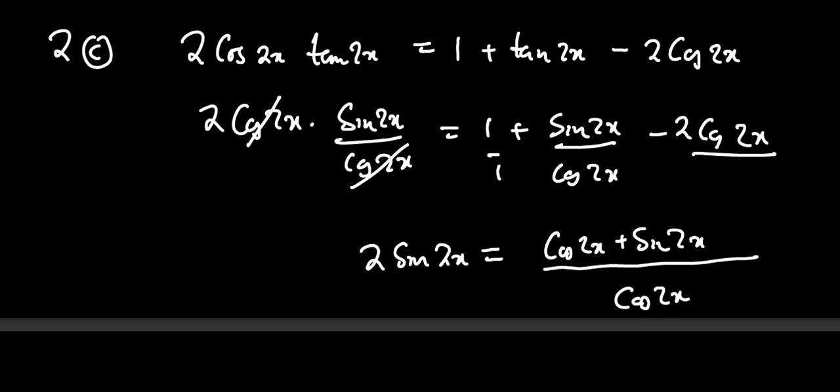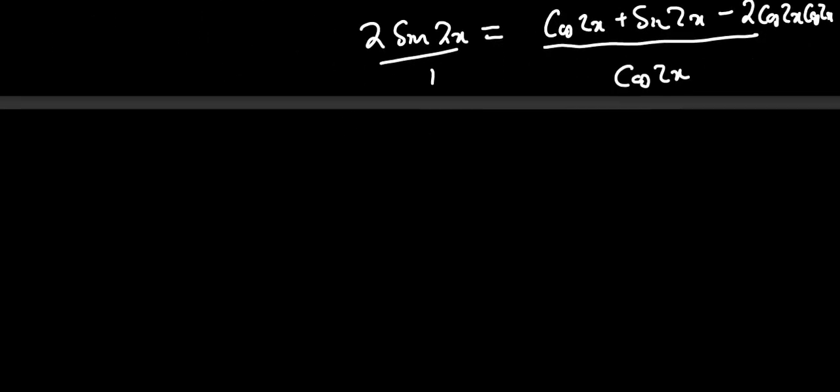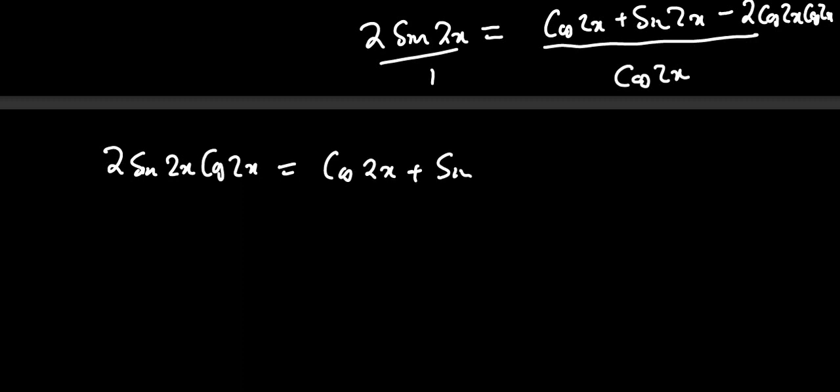This is just going to be 2 cos 2x and another cos 2x. We can cross multiply. This will be 2 sin 2x and cos 2x is equal to cos 2x plus sin 2x, then minus 2 cos 2x on this side. This is cos 2x and cos 2x. This is what we're having.